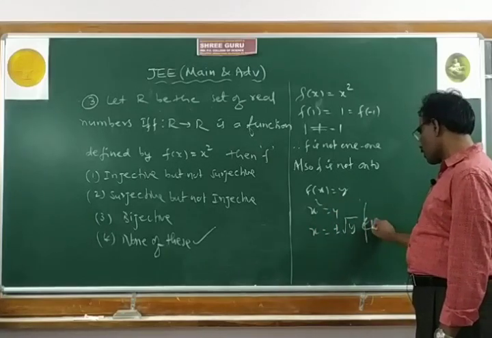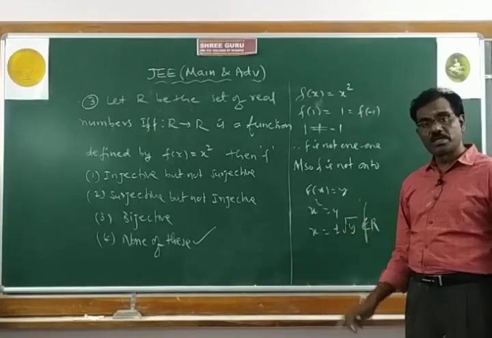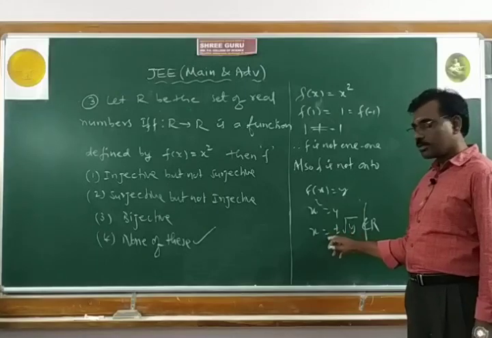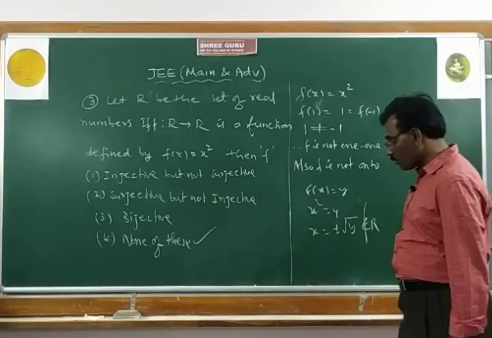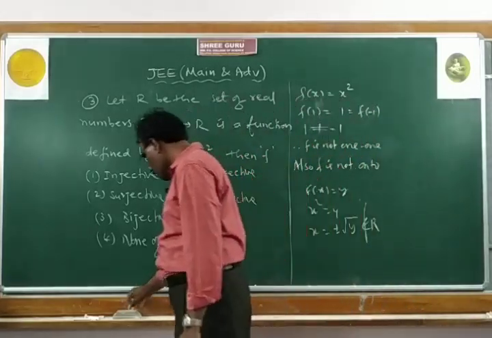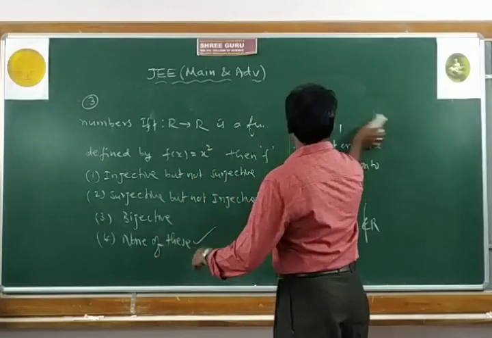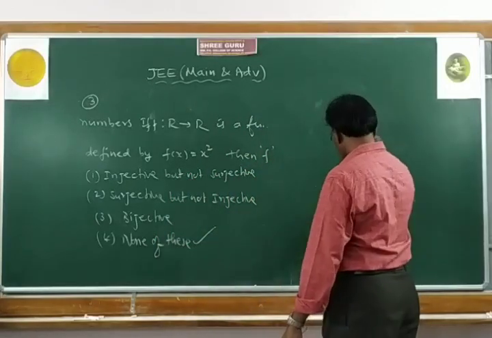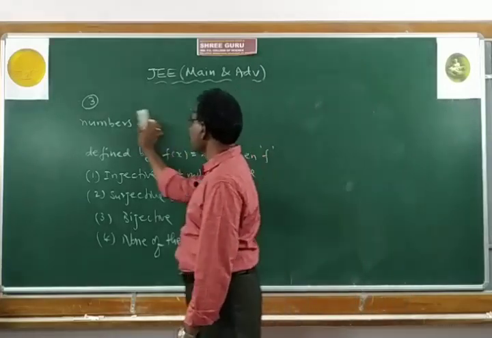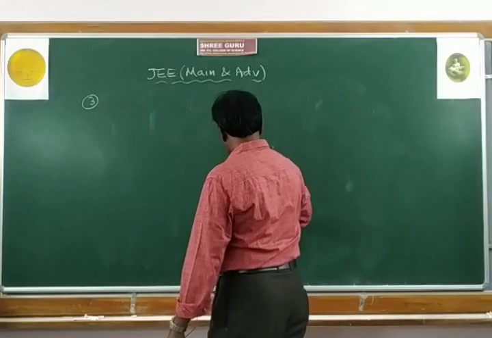So this does not belong to the domain, since for negative y you get complex numbers, and the domain is real numbers. So anyhow, this problem is neither injective nor surjective. Option 4 is the correct one, none of these.